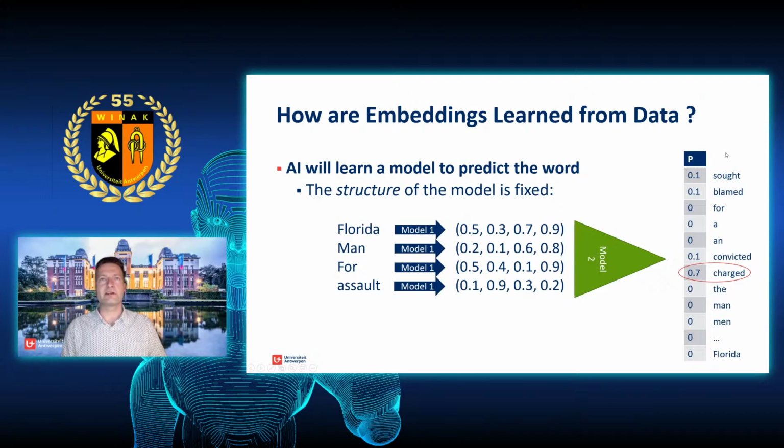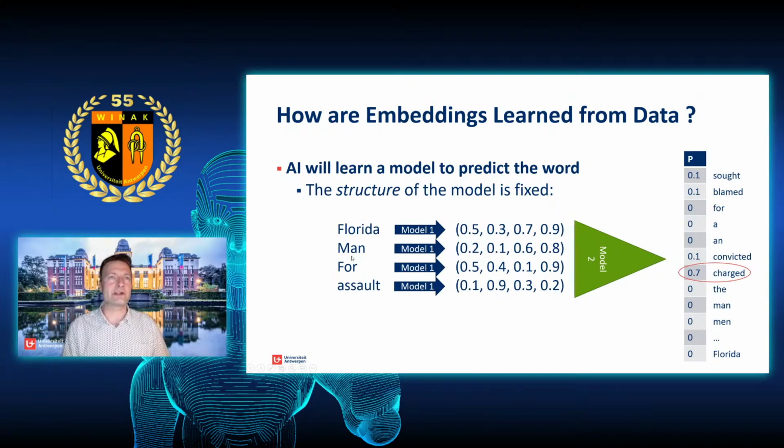So here, if there are 5,000 words that are used in the news articles, this will be a 5,000 dimensional vector, where the first position indicates the word sought, and there is a probability of 0.1 assigned by this model, blamed 0.1, and then the correct word charged gets a probability of 0.7. It all adds up to 1.